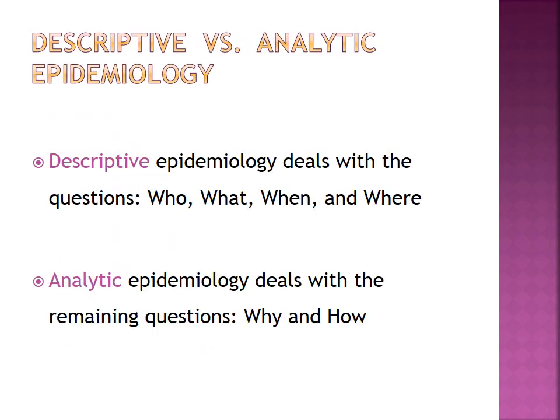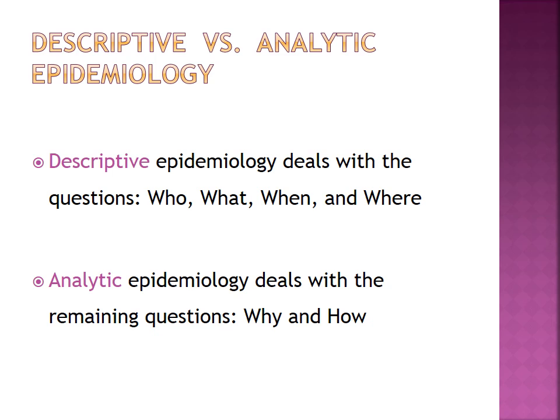So what is the difference between the descriptive type of study and the analytical type of study? In the descriptive study, epidemiology deals with the questions who, what, when and where. While the analytical epidemiological study deals with the remaining questions, why and how.